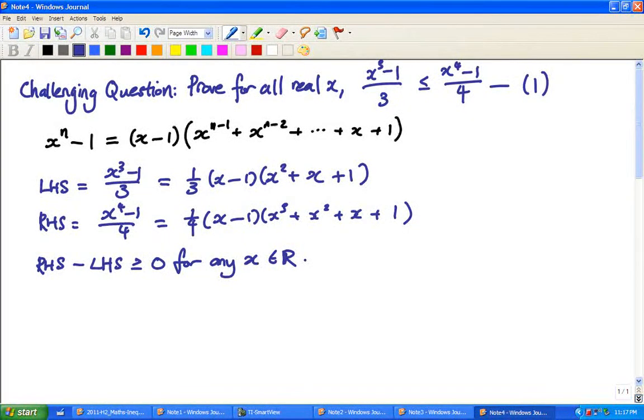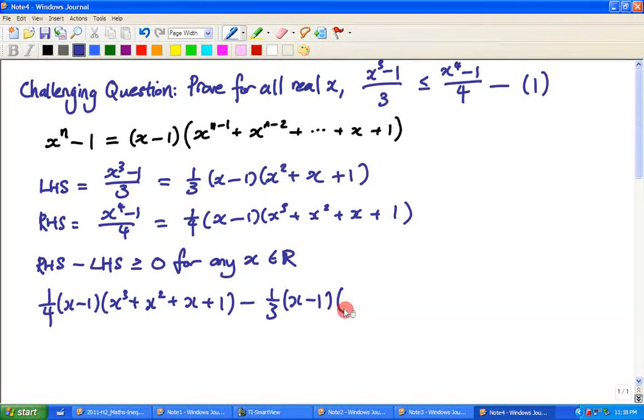So what I'm going to do is substitute what I've obtained for the left hand side and right hand side respectively, and see what I can obtain from there. My new left hand side, which is the right hand side of the original inequality minus the left hand side of the original inequality, will be as follows.